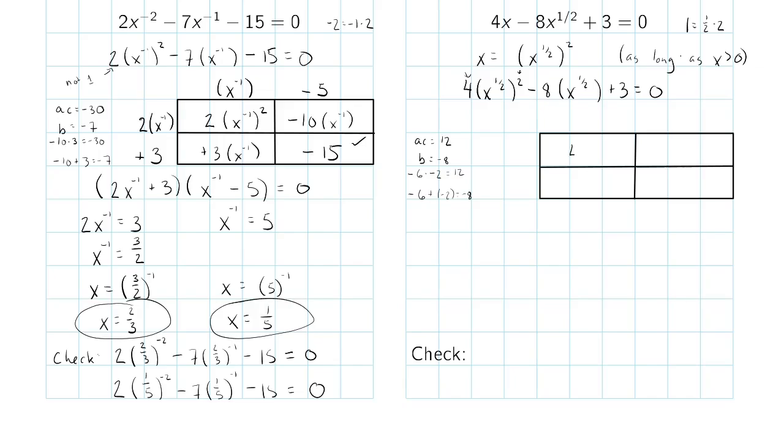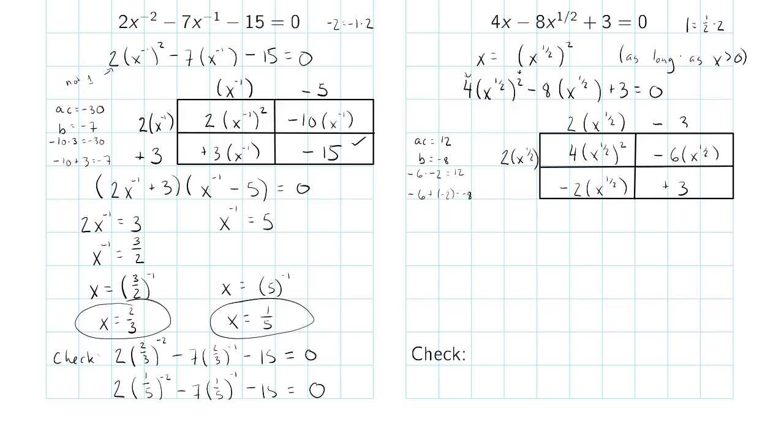So we'll have 4 times x to the 1/2 squared minus 6 times x to the 1/2 minus 2 times x to the 1/2 plus 3. First row, my greatest common factor is 2 times x to the 1/2. And then here I'm left with another 2 times x to the 1/2.